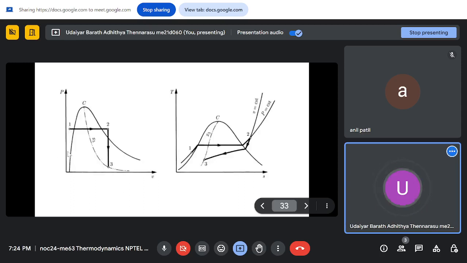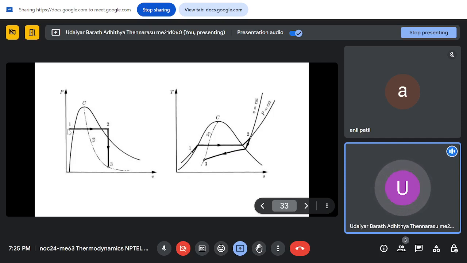Next, we'll plot this in the PV and TS diagrams. If you see, this is a two-phase dome, and X3 is the constant quality line which is plotted. Initially you are at subcooled liquid, so you see it is far away, to the left of the saturated liquid curve.